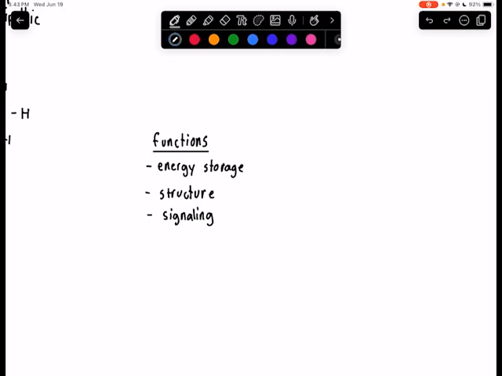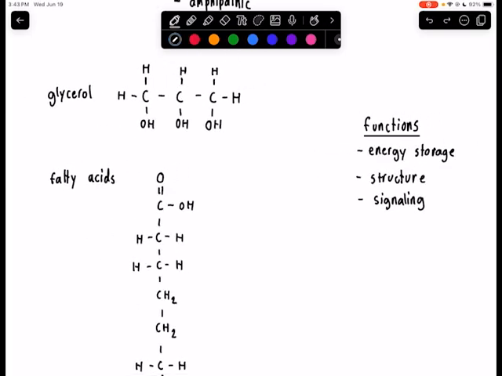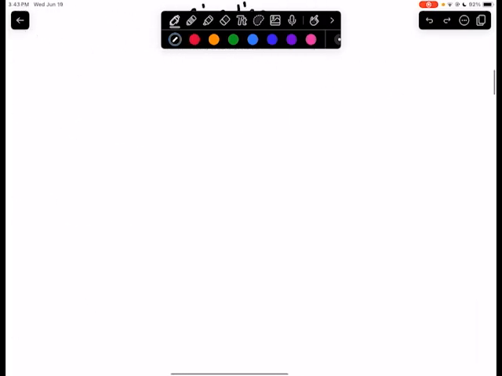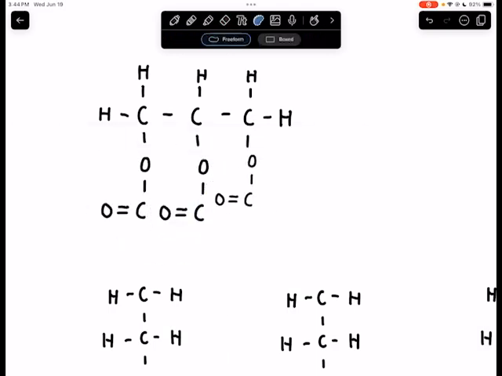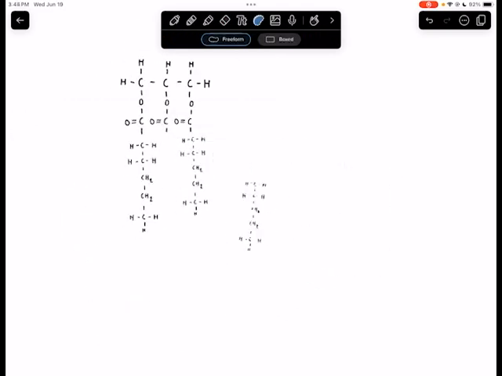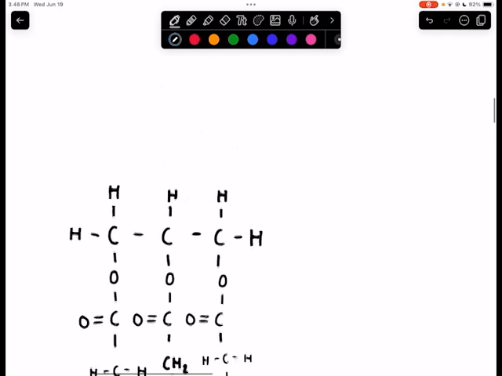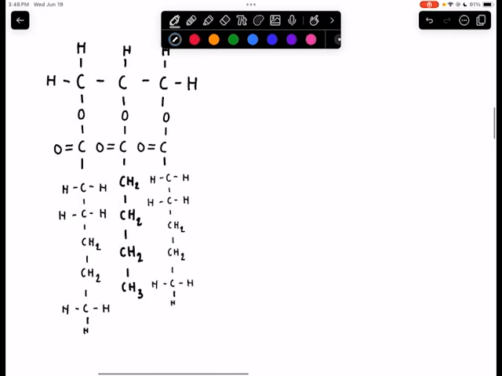So let's talk about triglycerides. And you guessed it, tri being 3 and glyceride being glycerol. And so this looks a little something like this. Okay, so this is a triglyceride. This diagram isn't great because it's kind of tight to write it.